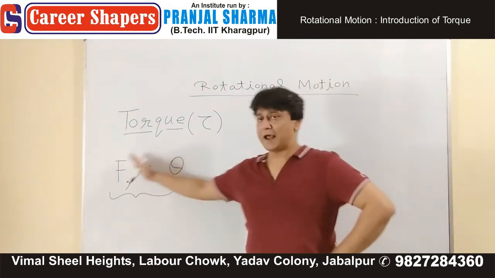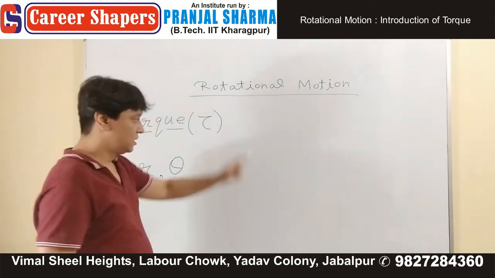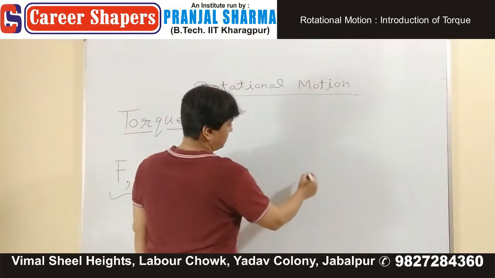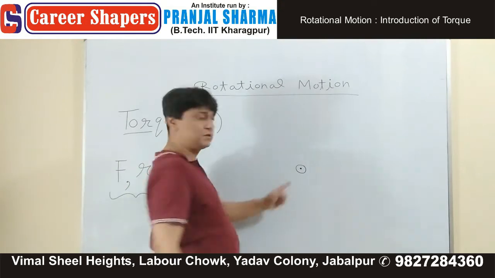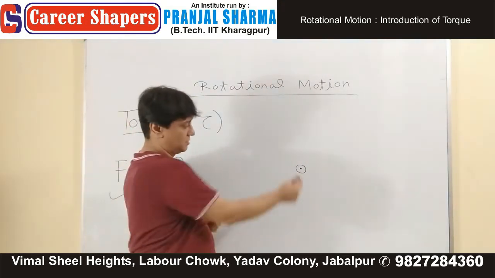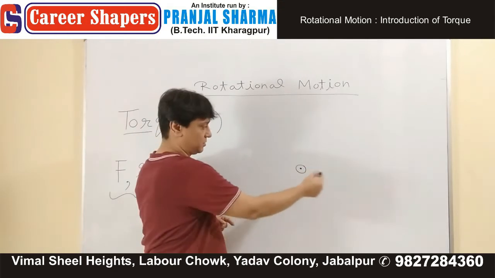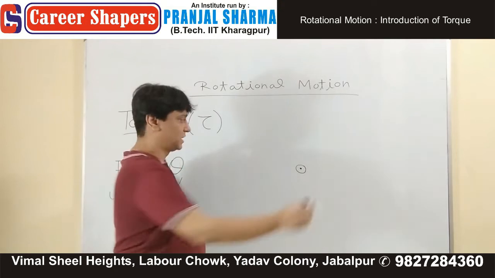You will understand everything with the help of this figure. Look here. This is the representation for the axis of rotation. Axis is what? A line. So this is the line.